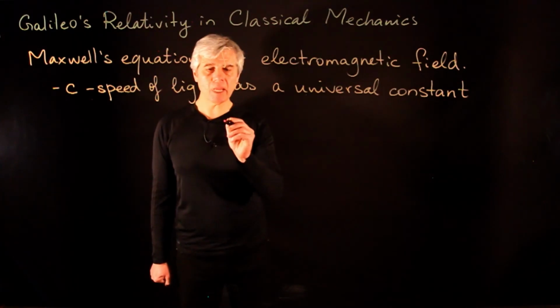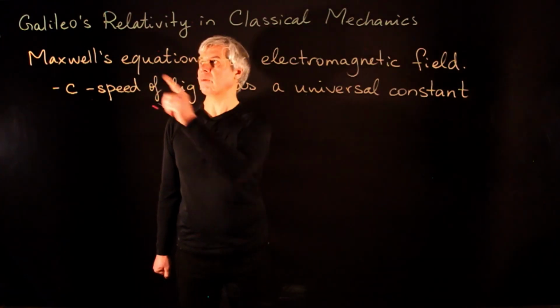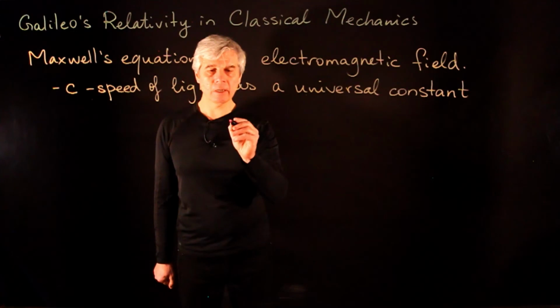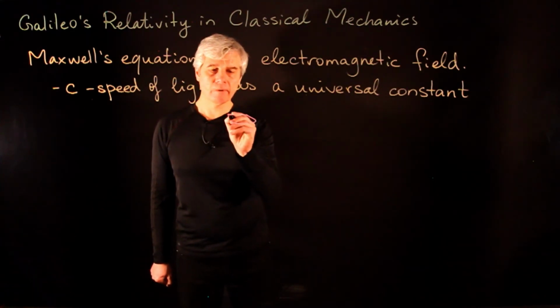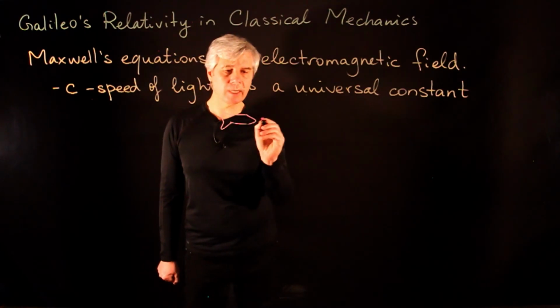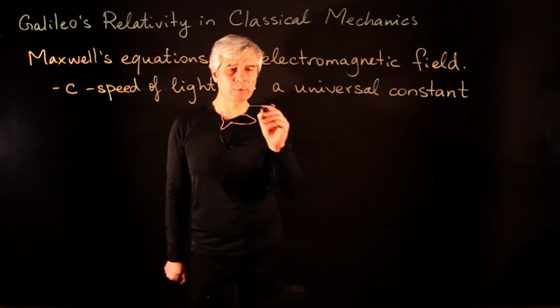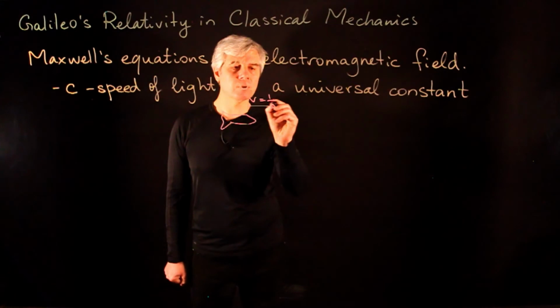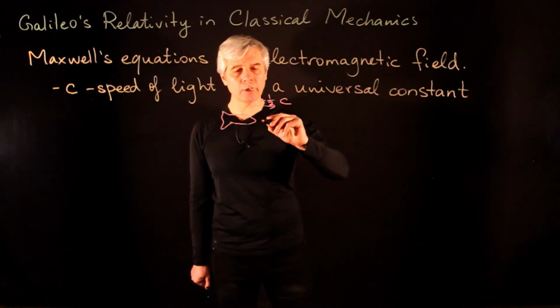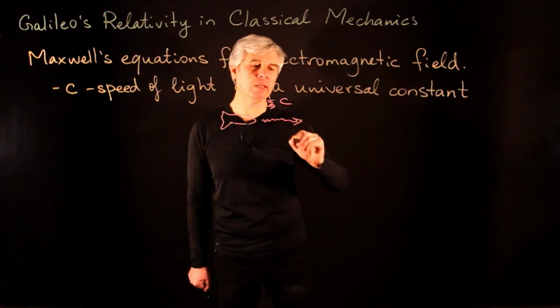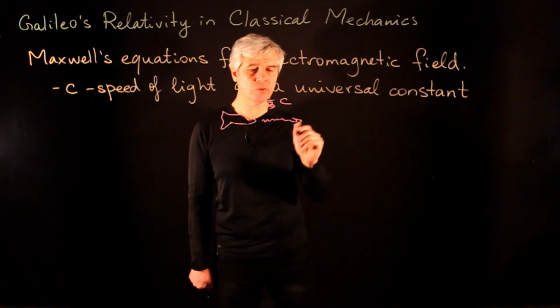Now, this may create a collision with Galileo's relativity. Well, imagine that we have a spaceship that moves at the velocity which is half of the speed of light. And suppose this spaceship shines light in the direction of its travel.